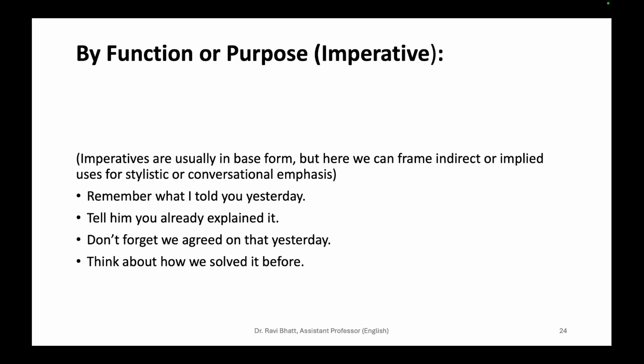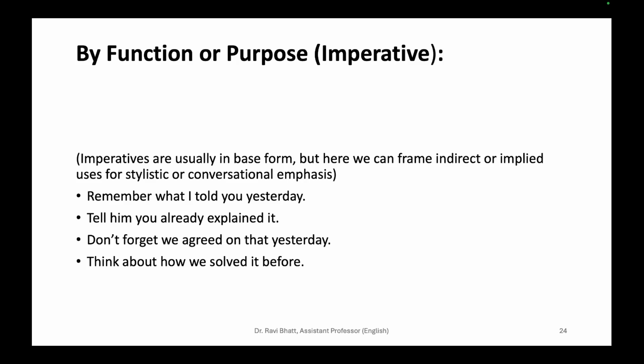Now, when it comes to imperative sentences, we must know that imperatives are usually in base form. But here, we've framed indirect or implied uses for stylistic or conversational emphasis. Generally, imperatives are not there in simple past, but for the sake of emphasis, we have framed some implied conversations.